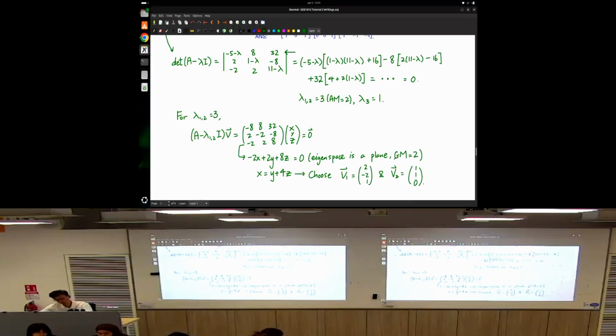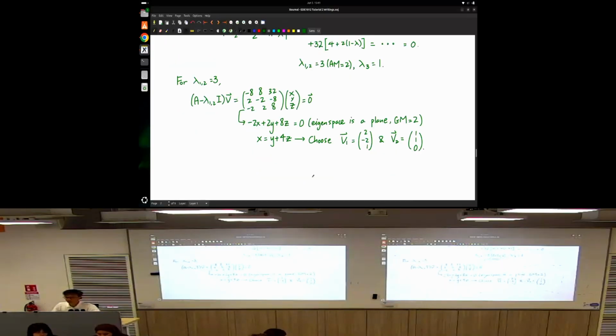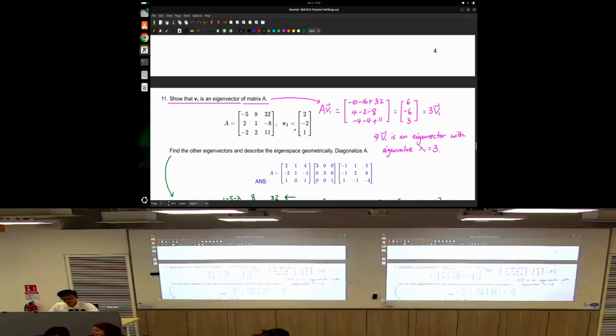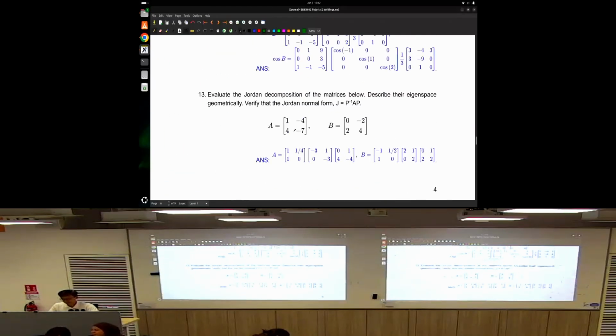For Jordan decomposition, just make sure you know up to 2 by 2 matrices. Due to time constraints, for lambda 3 equals 1, you do it yourself, and then you will be able to write down A equals PDP inverse. So this is the part that I want to cover with you. Any questions? Good. This is for question 11.